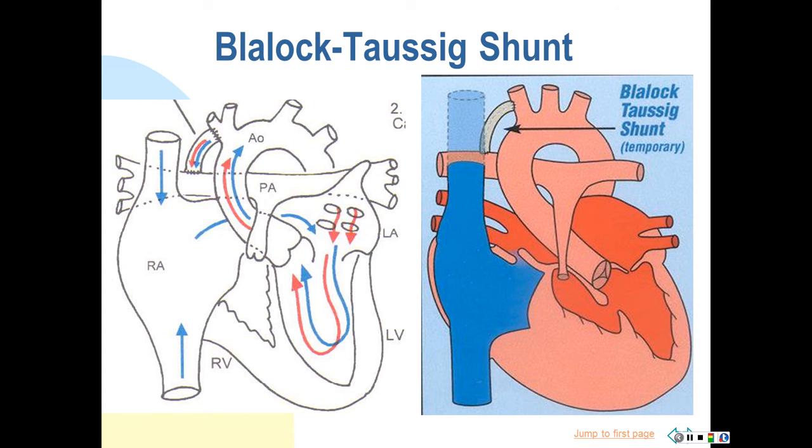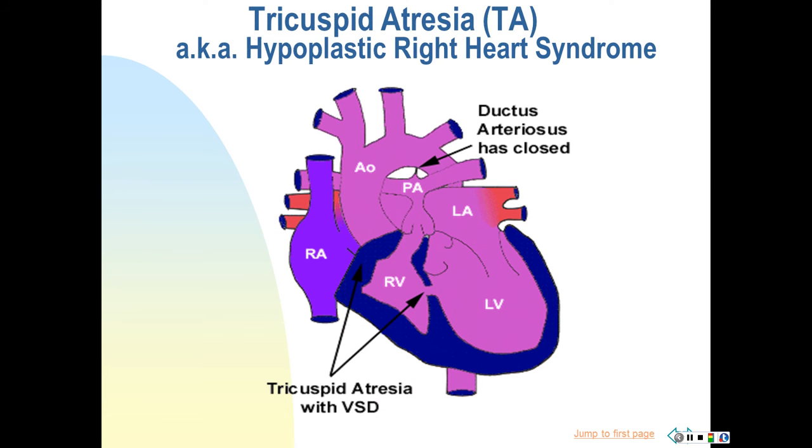And since the right ventricle had the no flow, no grow, they're going to call these kids hypoplastic right hearts. Hypoplastic means very small, and it's the right side. So a tricuspid atresia could also be called hypoplastic right heart syndrome.